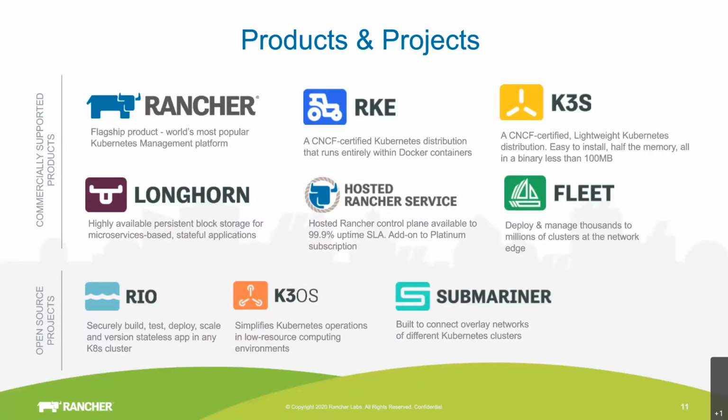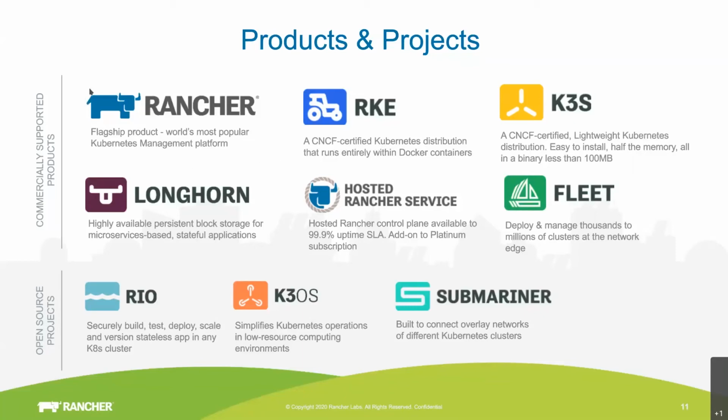But getting back to the presentation, what I basically have talked about up to this point and demonstrated so far is RKE, the Rancher Kubernetes Engine. It is a CNCF certified Kubernetes distribution that runs entirely within Docker containers. This is one of the core components that will be coming to Linux on Z and LinuxONE.